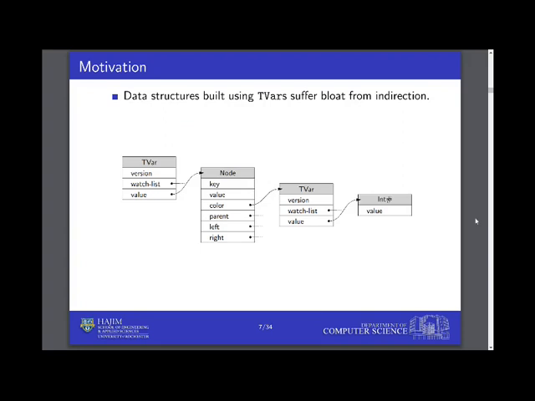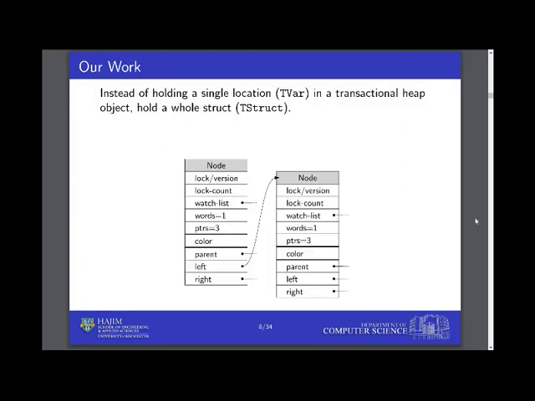So the idea is simply to make this heap object representation for the whole node at once. We call that a transactional structure, a tstruct. So we're saving a lot. We're also combining all of the STM metadata from the multiple transactional variables that were in the TVar version, one for each mutable field, into just one chunk of STM metadata.